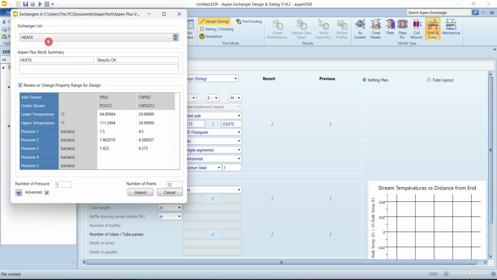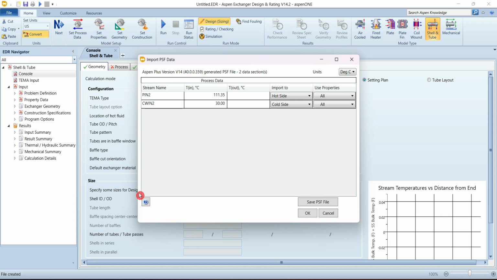At front, it will display all the exchanger blocks in the Aspen Plus file. Since we have only one, whatever name you have defined, it will recall that name, and you can simply click the import option. It will give a second pop-up where it provides some basic information on what we are going to import.